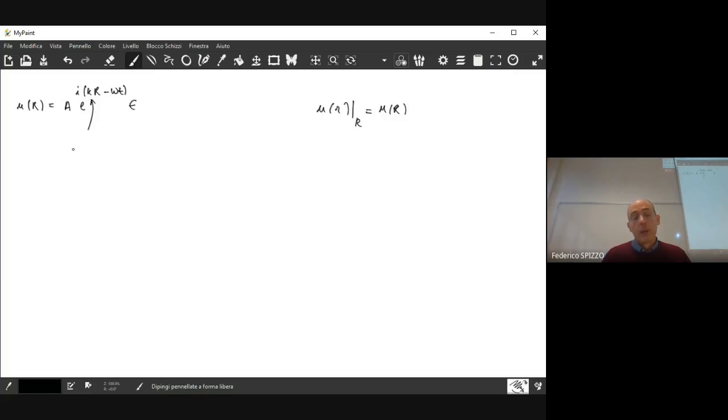In that case, we applied the Born-von Karman boundary conditions, and thanks to the application of those conditions, we had the opportunity to find propagative solutions of the Schrödinger equation.